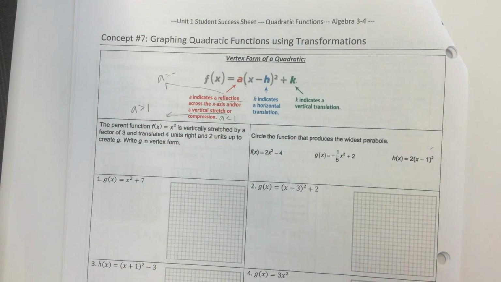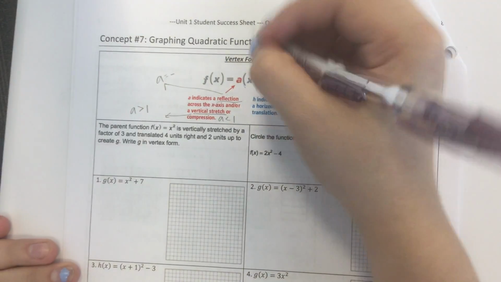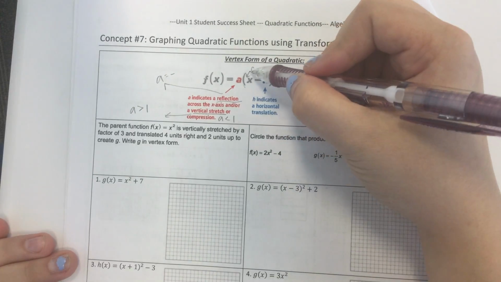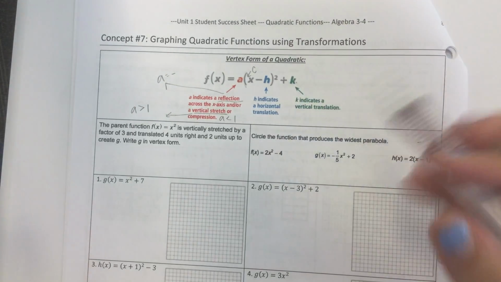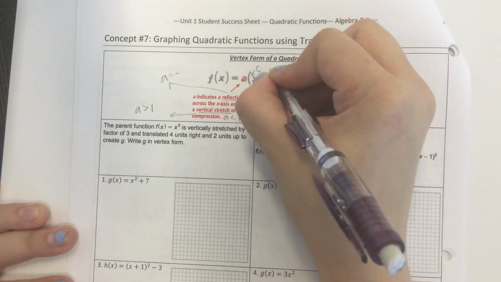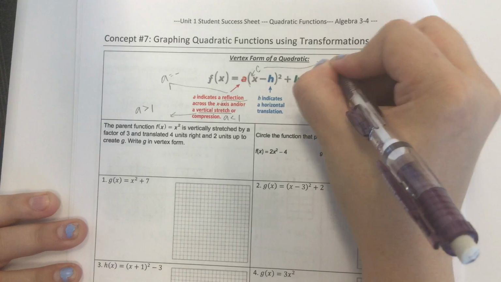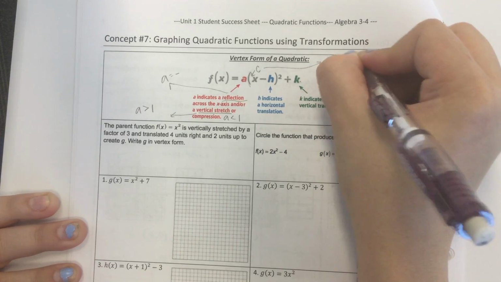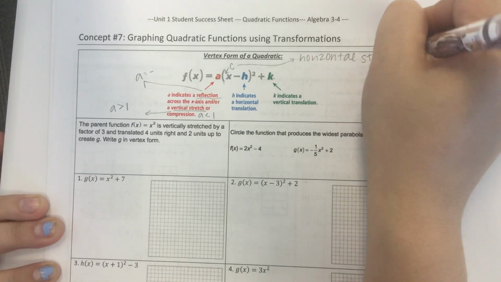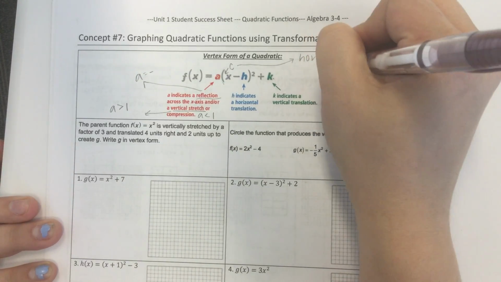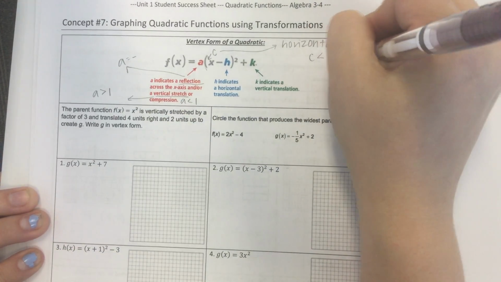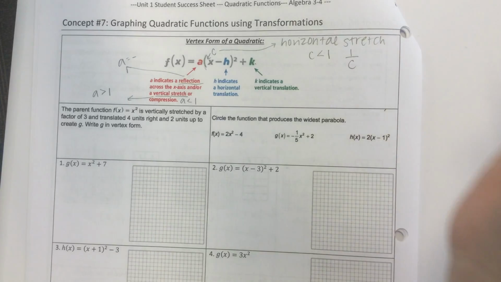All right? Now say there's a coefficient right here. We'll call it c. If there's a coefficient inside of the parentheses, that indicates a horizontal stretch or compression. So a horizontal stretch is if c is less than 1 and the stretch is by a factor of 1 over c, and we'll talk about that in a little bit.